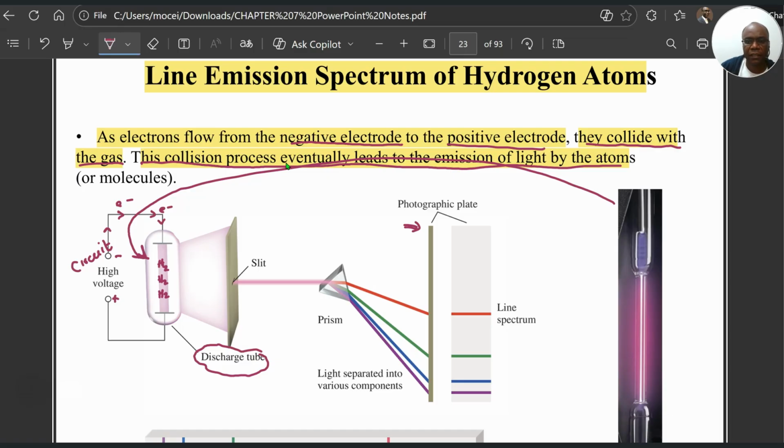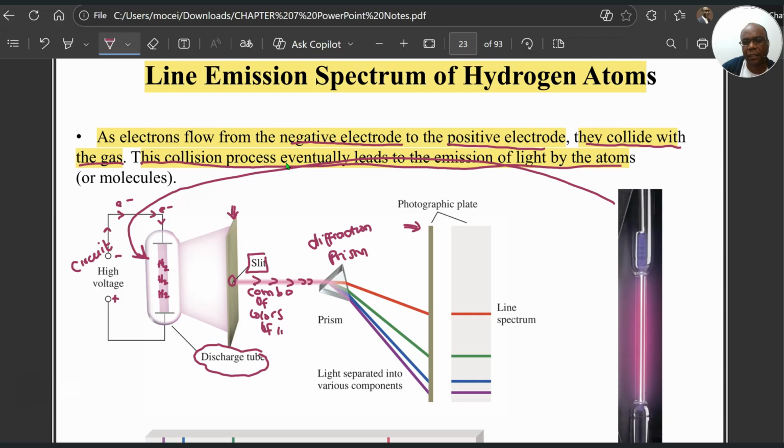Now let's get back here. This light is shining onto a plate that has a tiny pinhole or slit. That light is a combination of colors that is taken into a glass prism, which is going to do what we call diffraction.